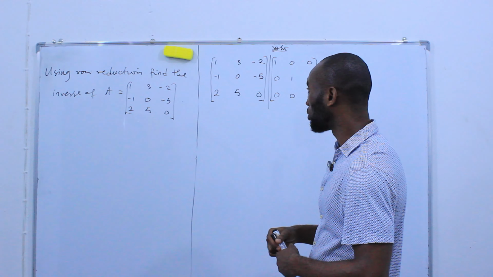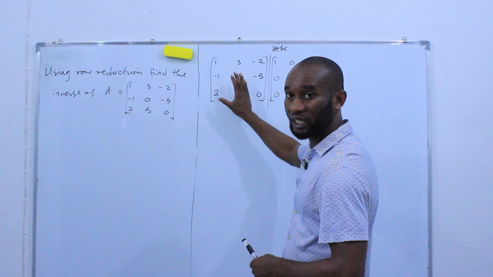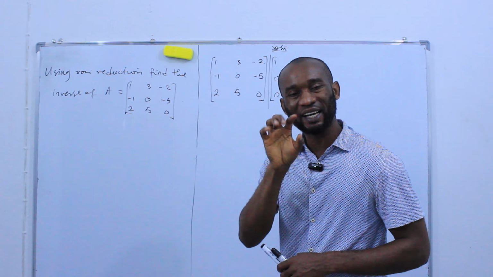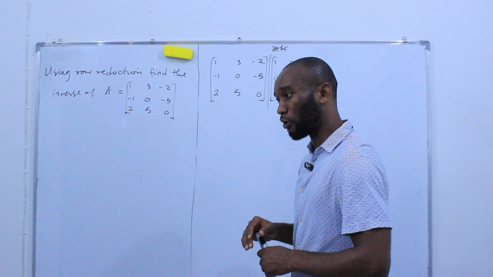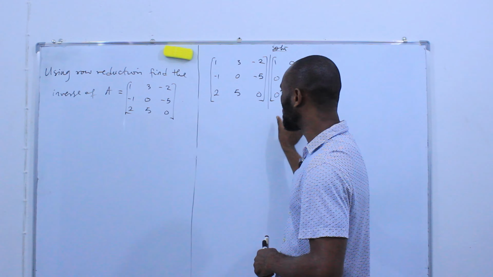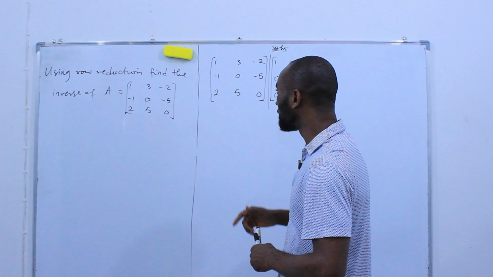So let's see how that runs. We're going to first put the matrix A in echelon form, an upper triangular matrix, and then put it in row canonical form. Using those two processes, it will enable us to convert this one to the inverse of A.